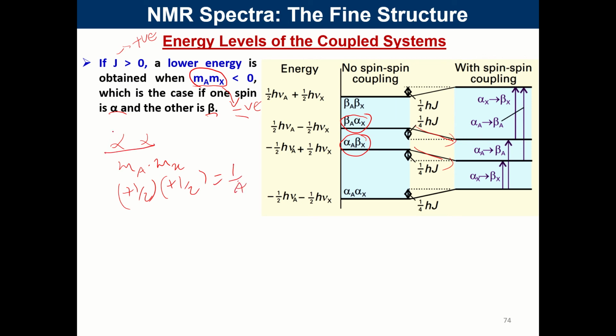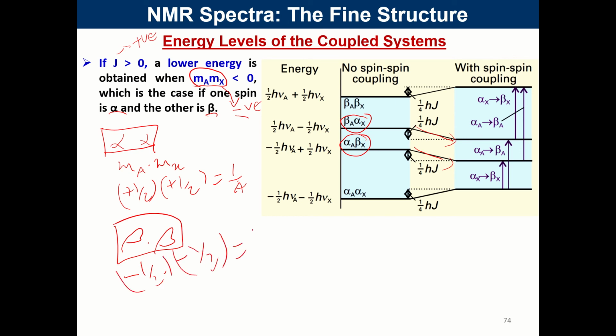Or when we are talking about beta beta, in this case also you will have minus half multiplied with minus half, and this will be again 1 by 4 Hj. So that's how 1 by 4 Hj is coming, a change by that much amount we are obtaining in each of these cases.